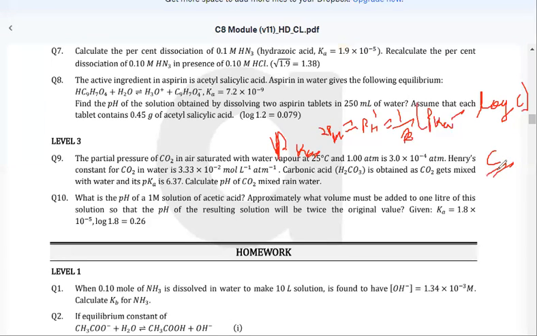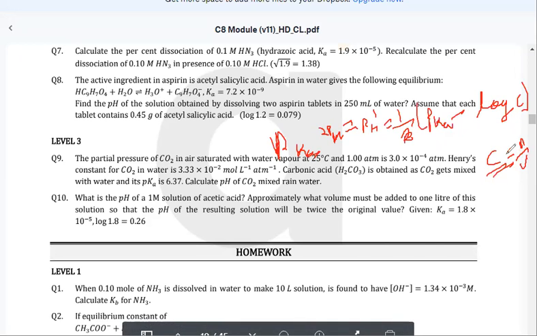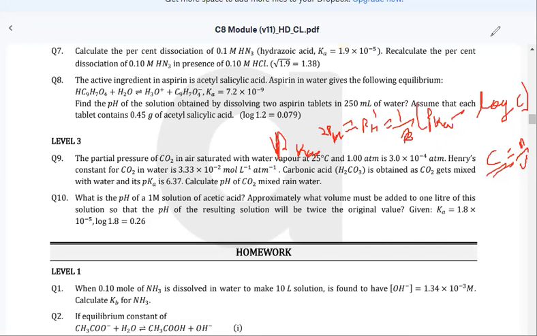So C will be number of moles by new volume V dash. So V dash you can calculate because the number of moles will be the same. Tell me yes or no. Got it? Getting this?